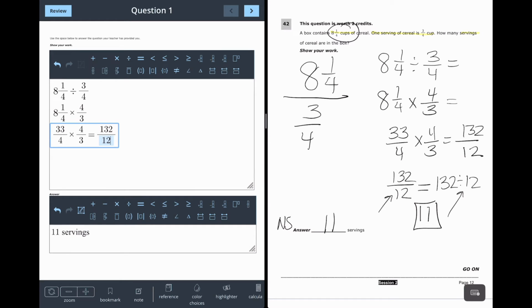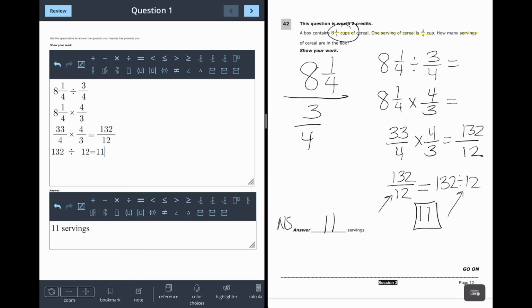Give myself a little more room. And 132 divided by 12 is equal to 11. Done. So you could have had it like that, or you could have just written 132 divided by 12 is equal to 11. Either one of those works. They're both correct. So there you have it.